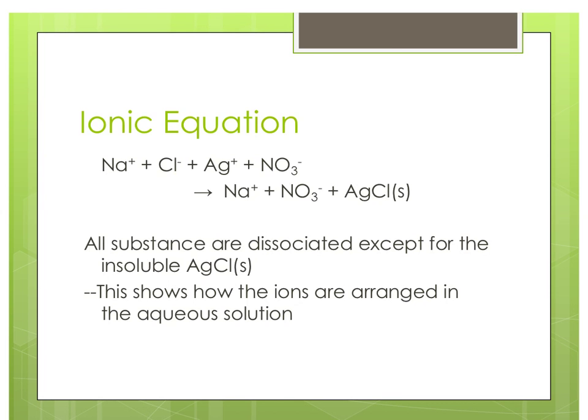So this shows everything that was aqueous in our molecular equation is dissolved and dissociated in the water. You show that by having the different ions separated, and they are ions at this point, so they do need charges.